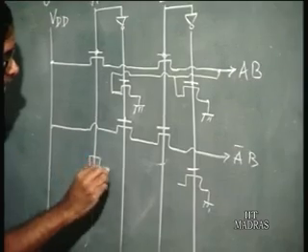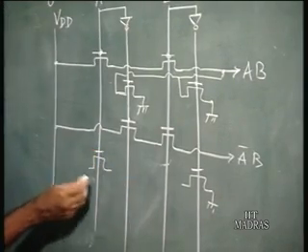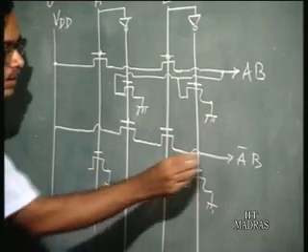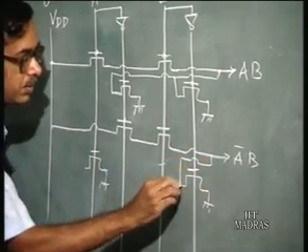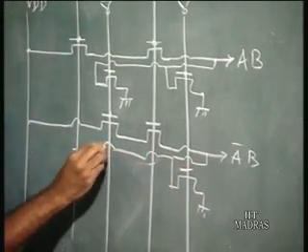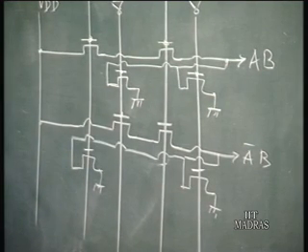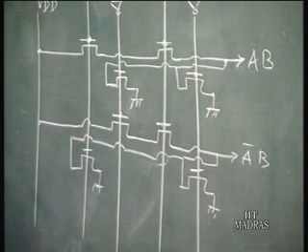So you have another set of 2 NMOS transistors here. This is ground here, and this must be connected to the output. Of course you can draw the circuit for the other 2 combinations, AB bar and A bar B bar.